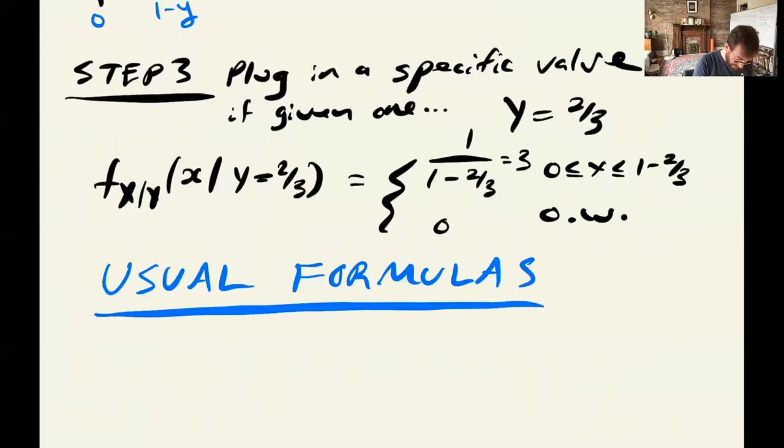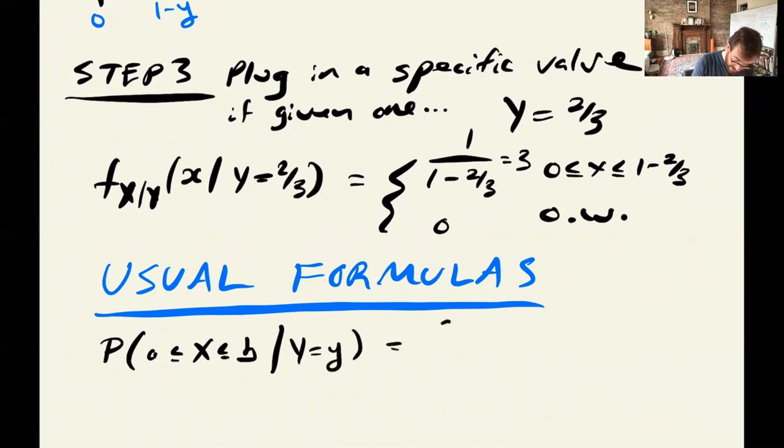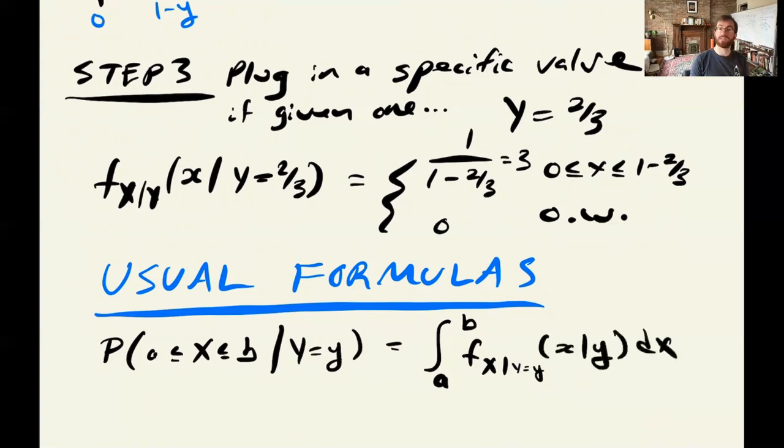If I want to know the probability that x is between some pair of values a and b, conditioned on the information that y is equal to little y, then I can get this answer by integrating from a to b the conditional density function for x, conditioned on the value that y equals little y, f of little x given little y, dx. This again expresses the idea that although densities are not probabilities, you integrate densities to get probability.